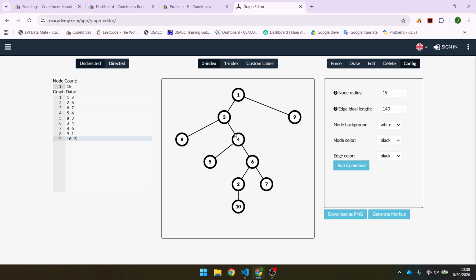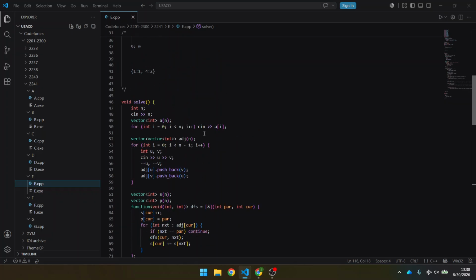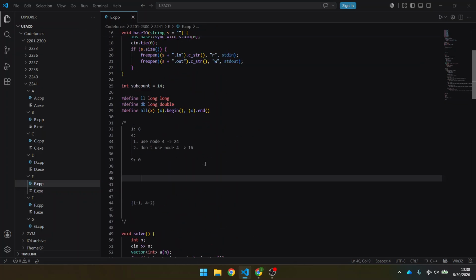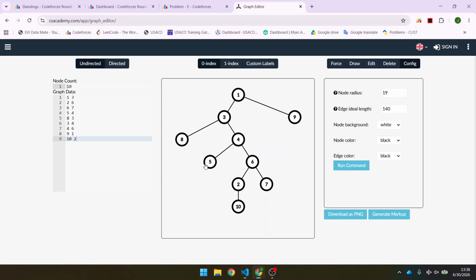Let's just use 4 in this example, which is better than 1. If we use 4, we count the sizes of these. So this is 4. There's 4 in here. There's 1 in here. There's 4 in here. So it would be 4, 1, 4, right?